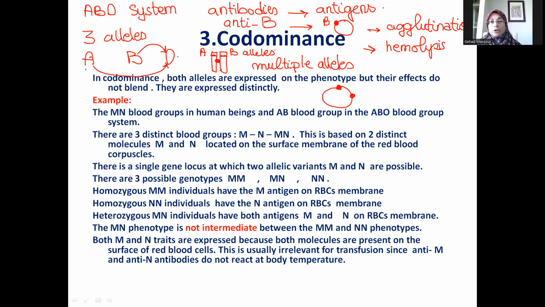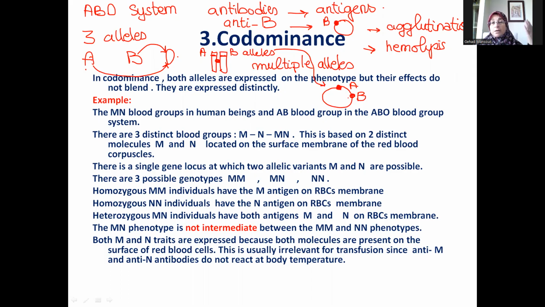So this is your genotype, but how will this be expressed in your phenotype? Your phenotype here will be the antigen present on the red cell membrane. So you will express both glycoproteins, or both antigens, on your red cell membrane, meaning that it will contain A and B. So what would be your blood group? Your blood group would be AB.